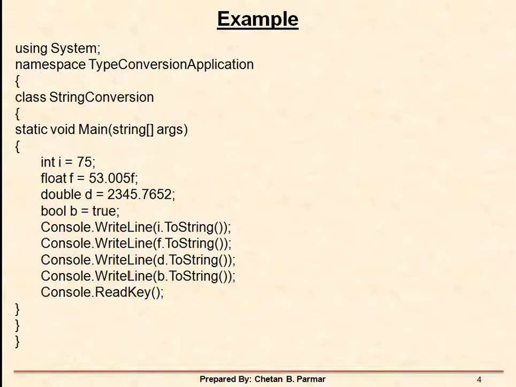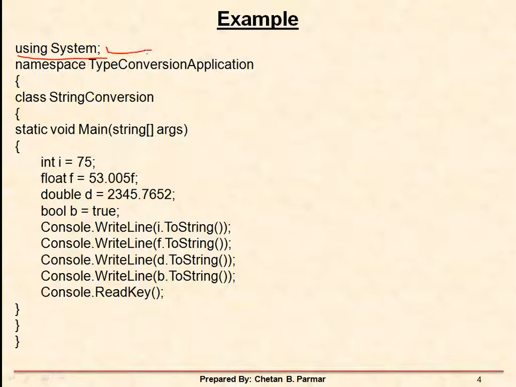Here in this example, there is an integer type, a floating type, a double type, and a boolean type available, and these four types will be converted into string. First, we include the library, using System.